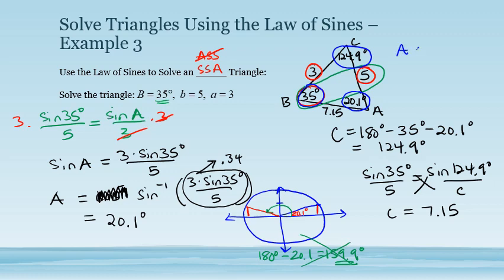Angle A is less than angle B is less than angle C. Now what I hope, if I've done this correctly, is that side A, side B, side C follow that same pattern. So side A is 3, side B is 5, and side C is 7.15, and so it checks.